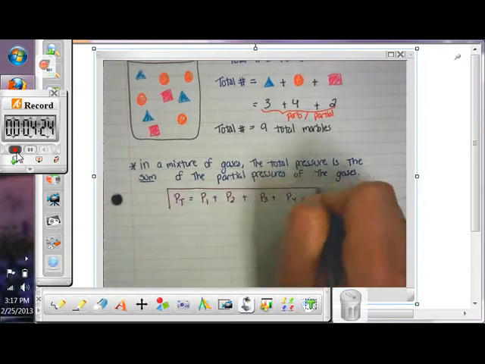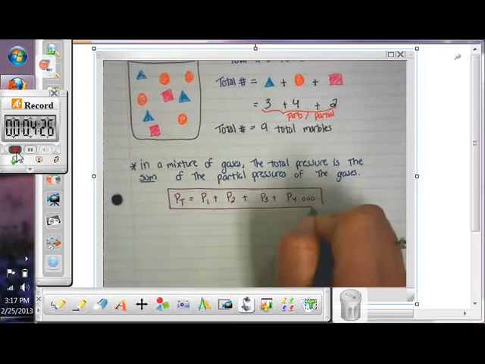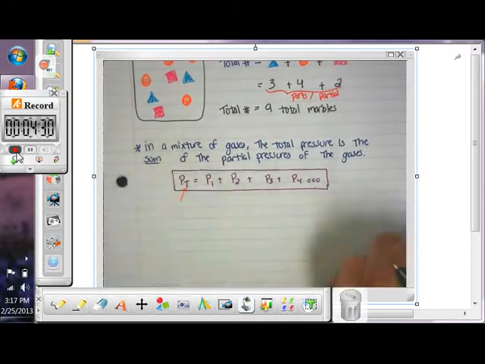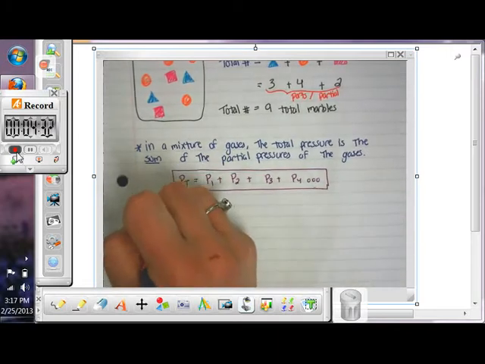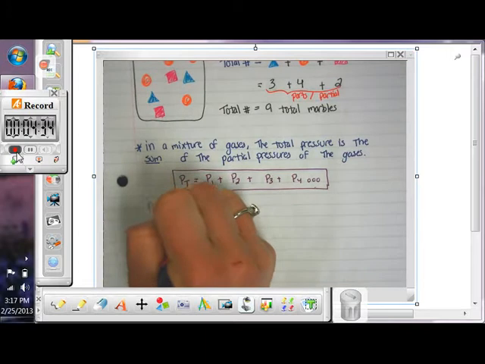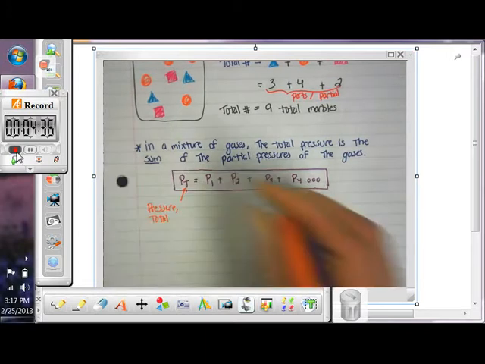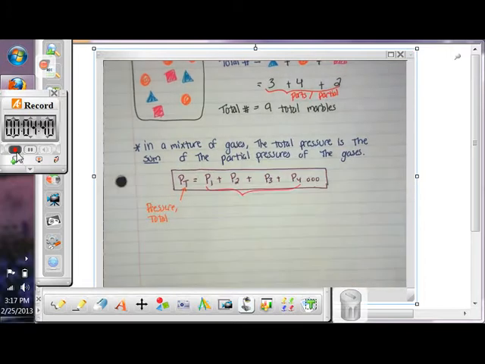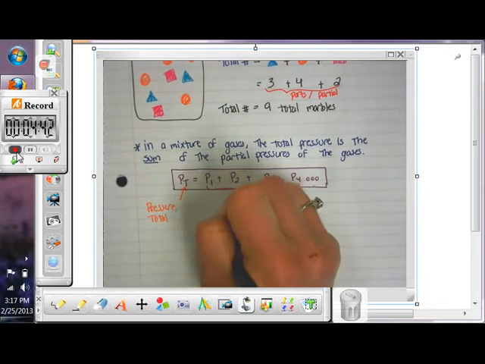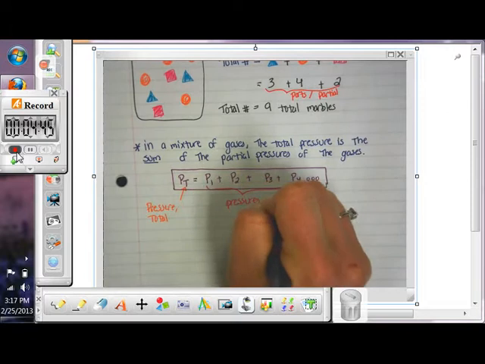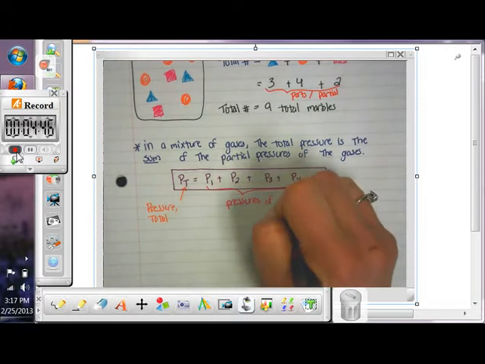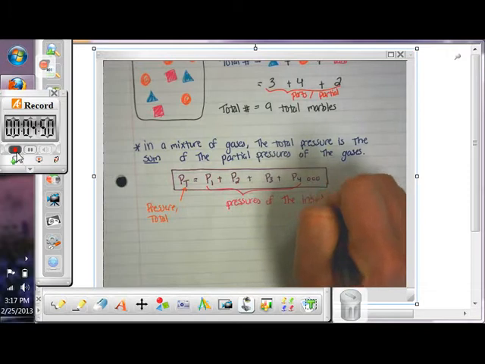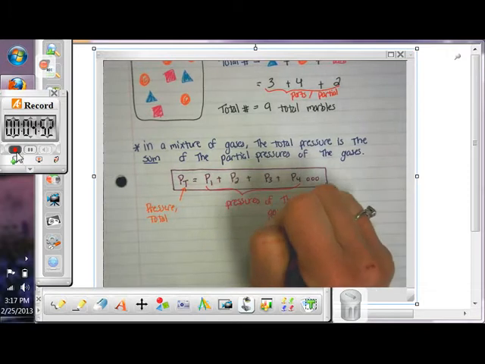I'm going to box this guy up. Now, PT, that just stands for pressure total. And then these guys in here, those are my pressures of the individual gases.